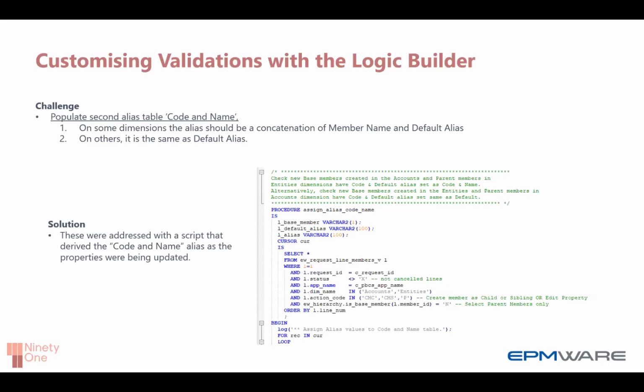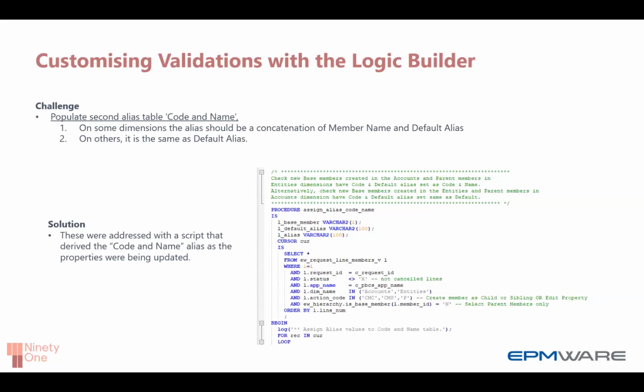So the alias table was used by quite a few of the dimensions. And on some of those dimensions, the required alias format was a concatenation of the member name and the default alias. And on other dimensions, it was the same as the default alias.